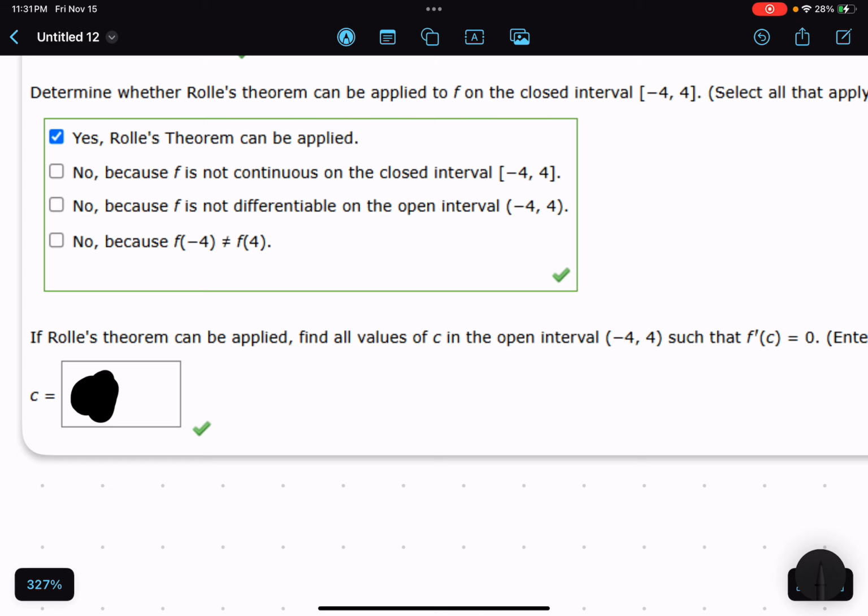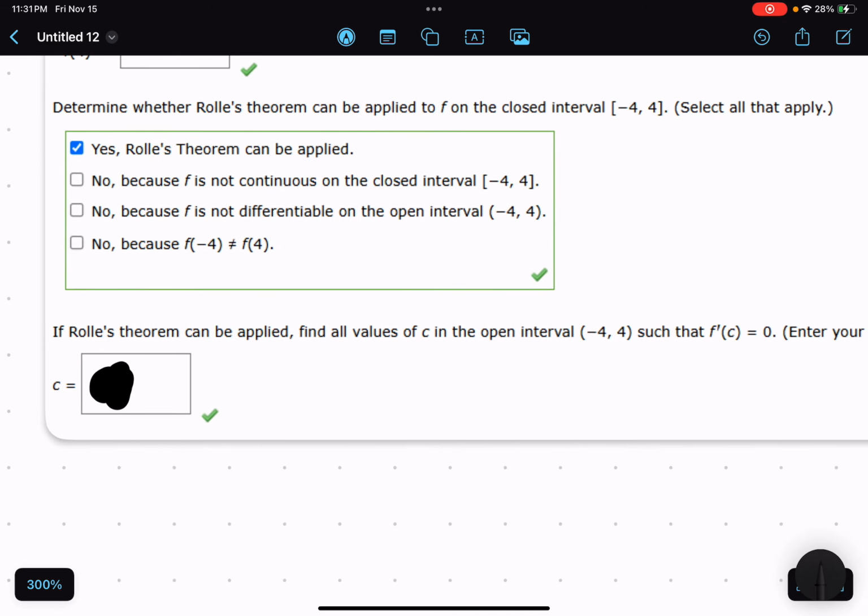And then since we know Rolle's theorem can be applied, if we want to find all the values of c on the specific interval, such that the derivative of f of c is equal to 0, we're going to use the quadratic formula, which is c equals -b plus or minus the square root of b squared minus 4 times a times c over 2a.